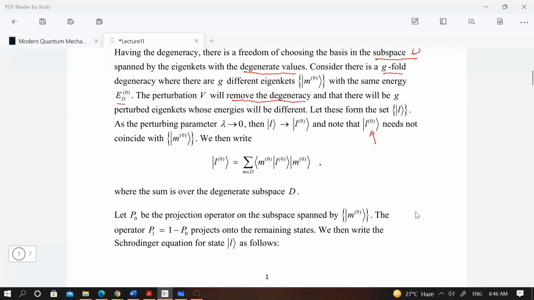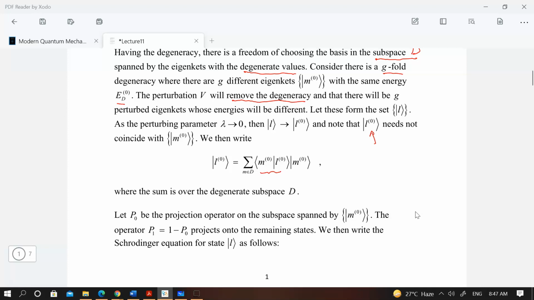So this is a sum over the degenerate subspace, and this is the coefficient. It's just the normal state expansion that we had in the first course.